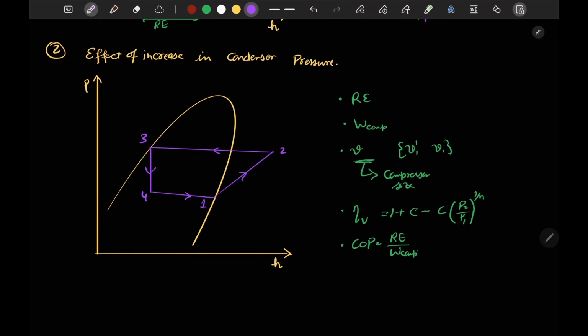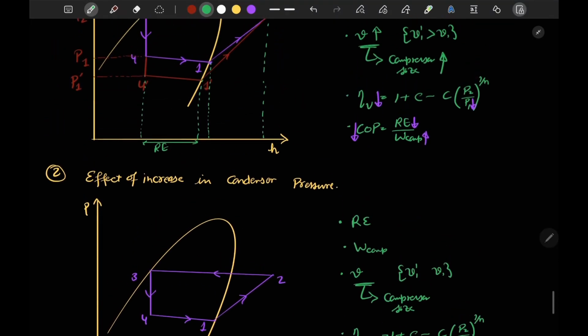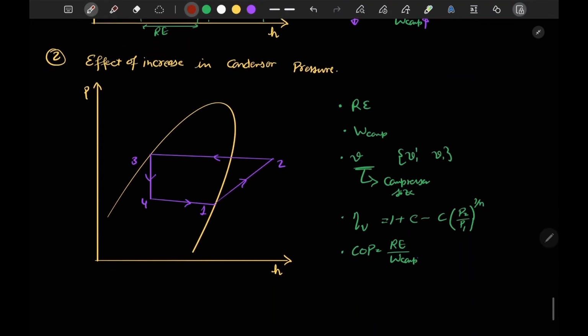Now what is mentioned here is that we have to increase our condenser pressure. So the condenser is 2 to 3. Let's say we have increased the condenser pressure to this point. This was our original condenser pressure, P2, and this is our new condenser pressure, P2 dash.